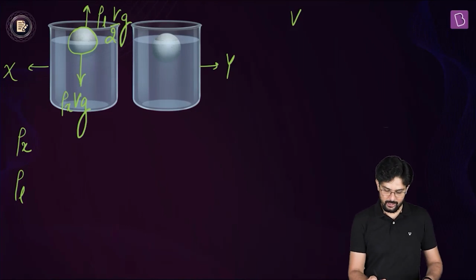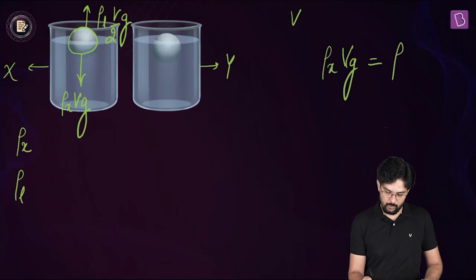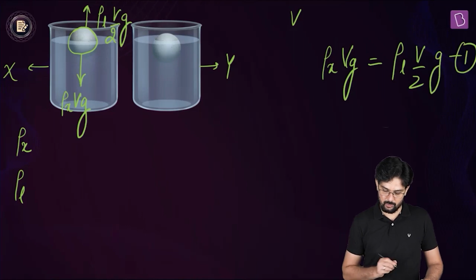Right? So we got our first equation. So rho X V into g is going to be equal to rho L V by 2 into g. So this is equation 1.